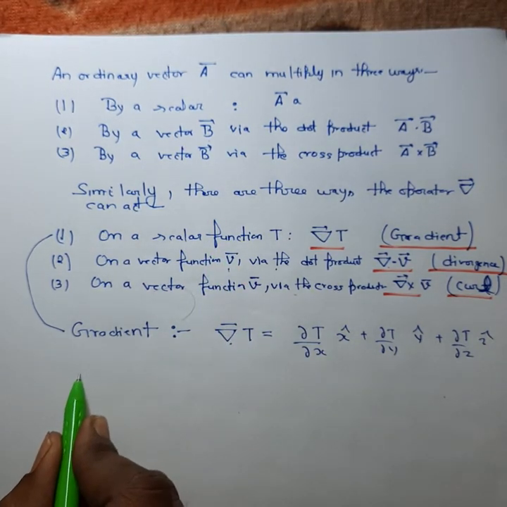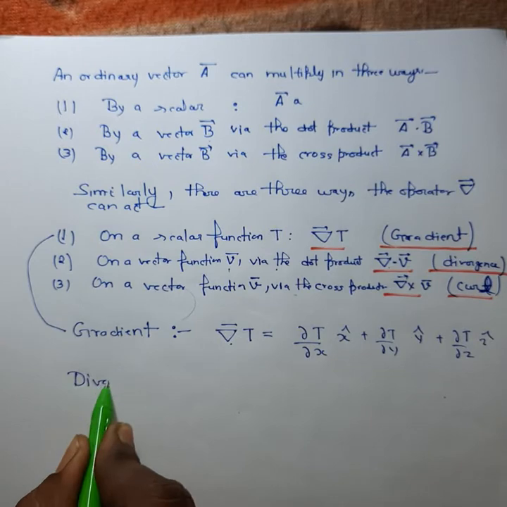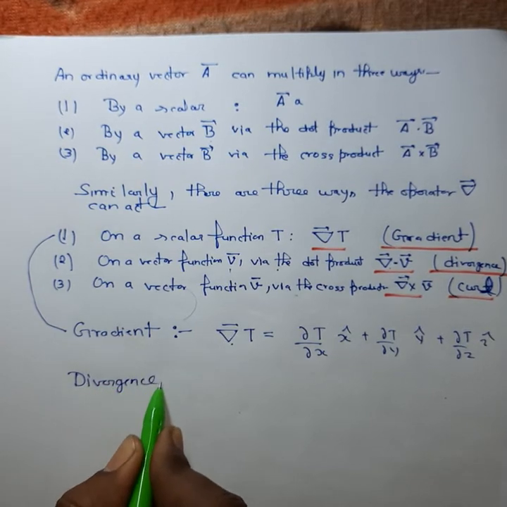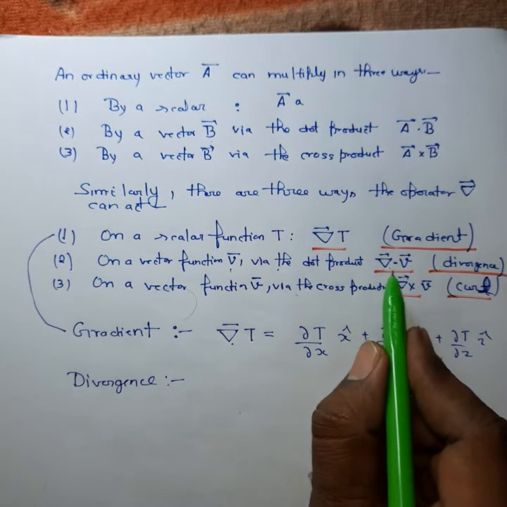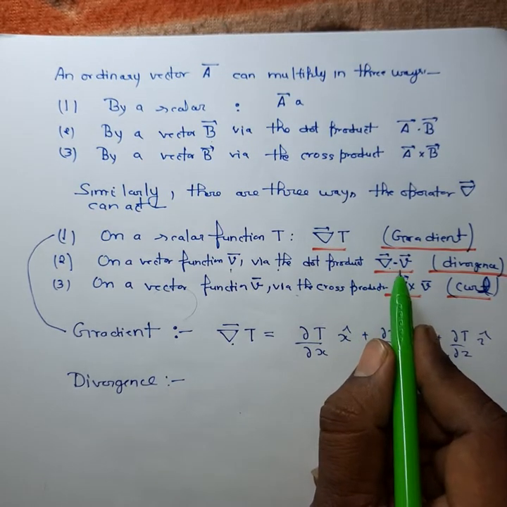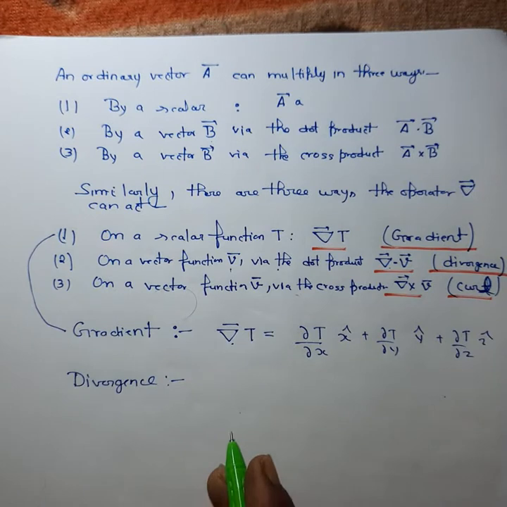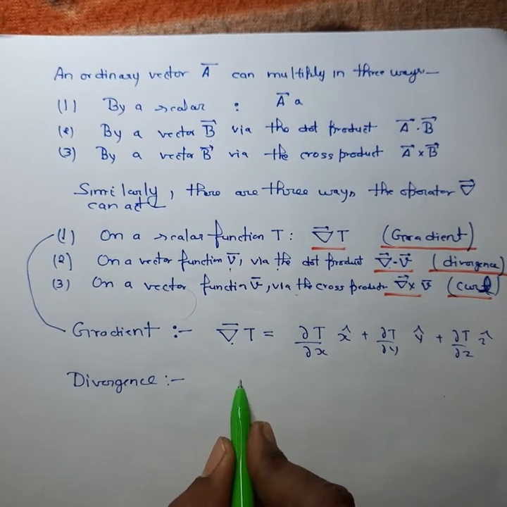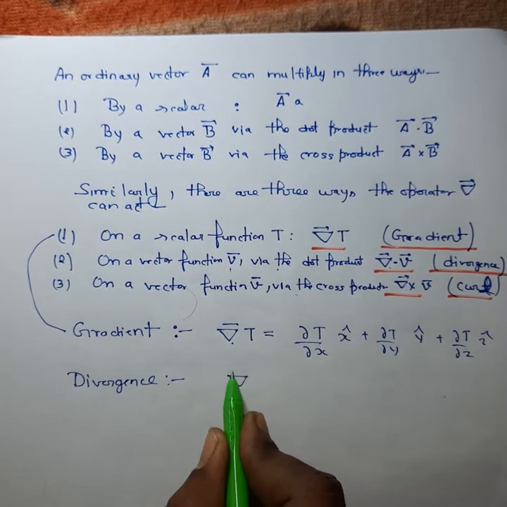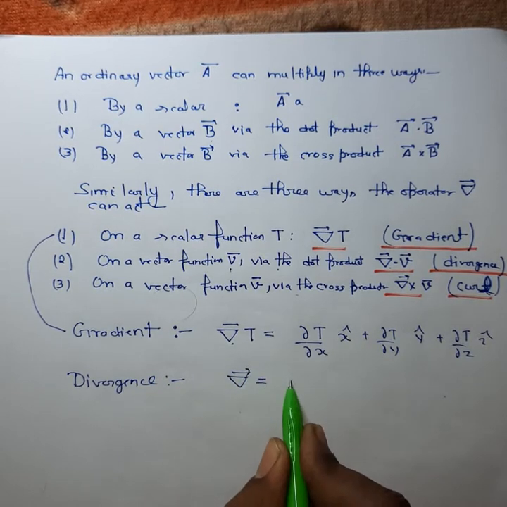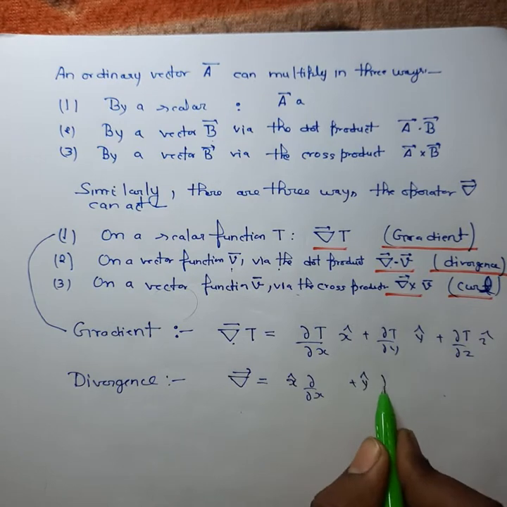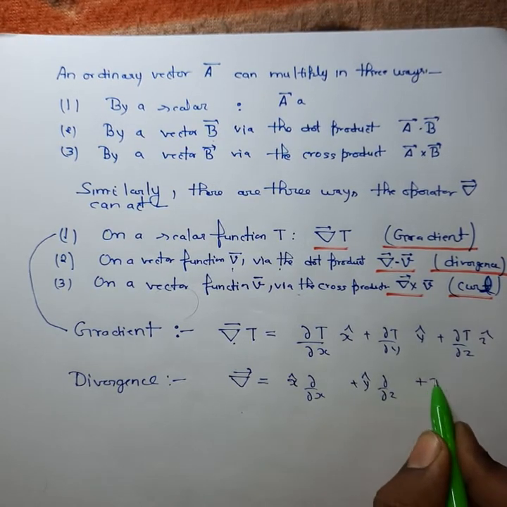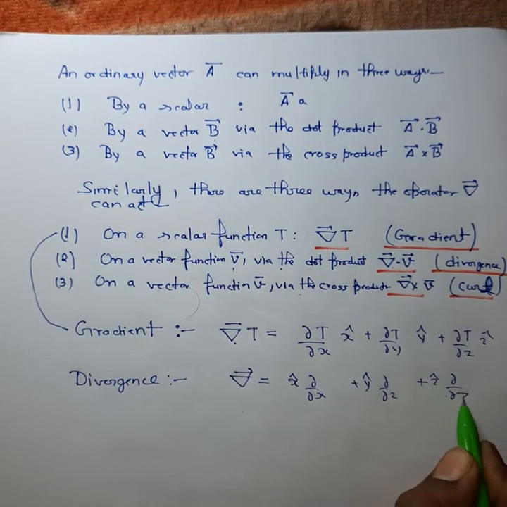Now divergence. Let's see what divergence is. Let's assume that this is your del vector: x cap del by del x, y cap del by del y, and z cap del by del z.